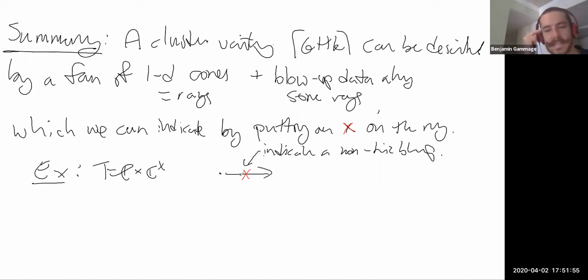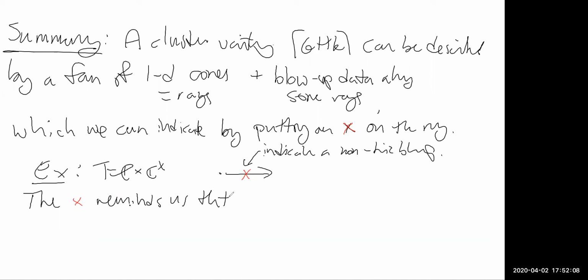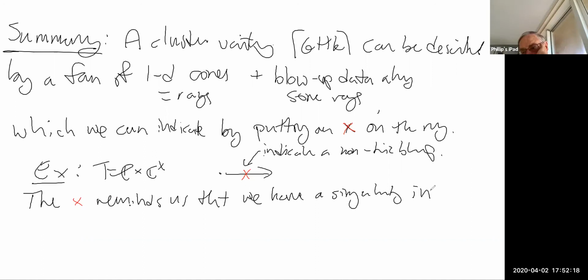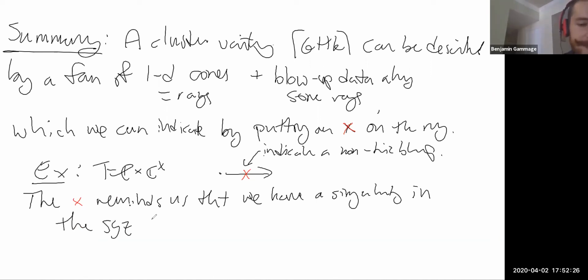And the X is telling me that, so the X reminds us that we have a singularity in the integral affine structure on the SYZ fibration of the resulting cluster variety.